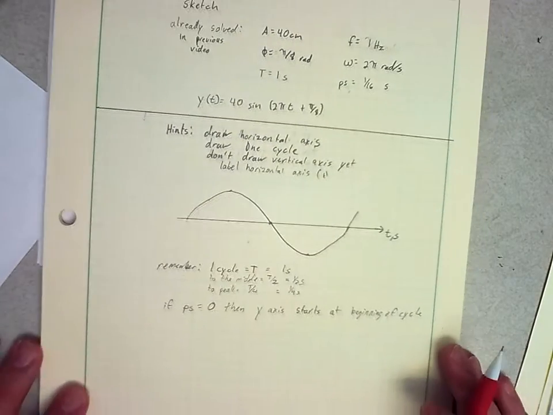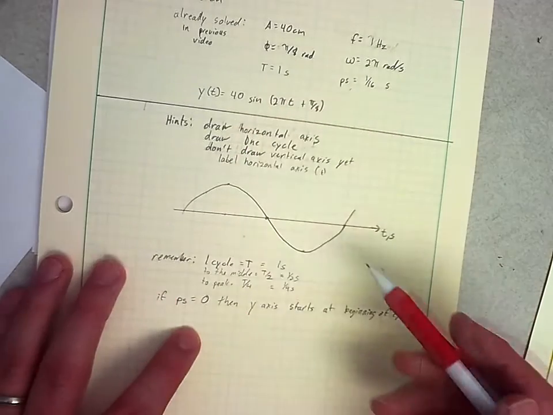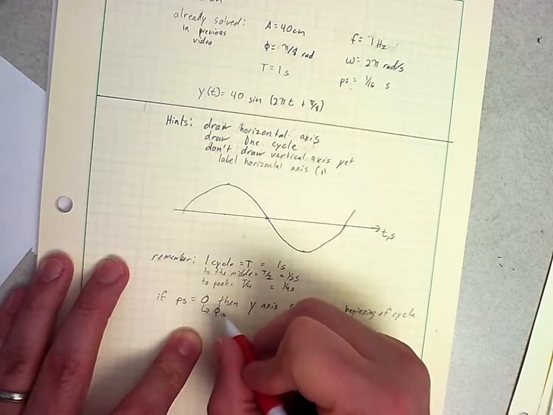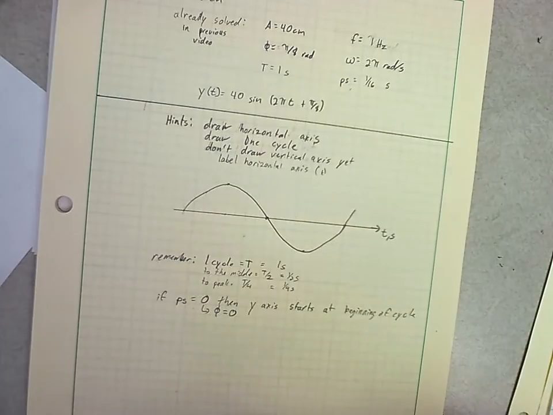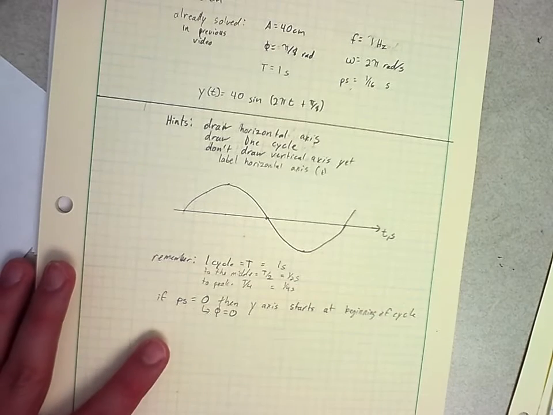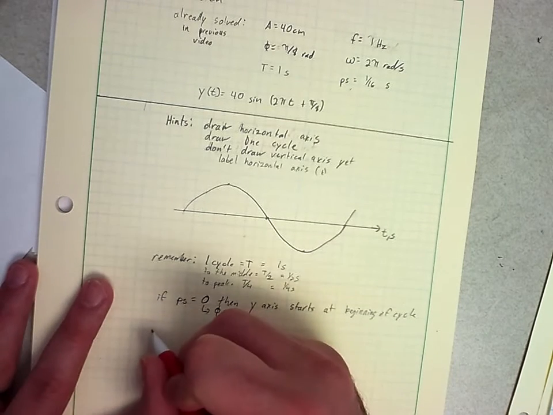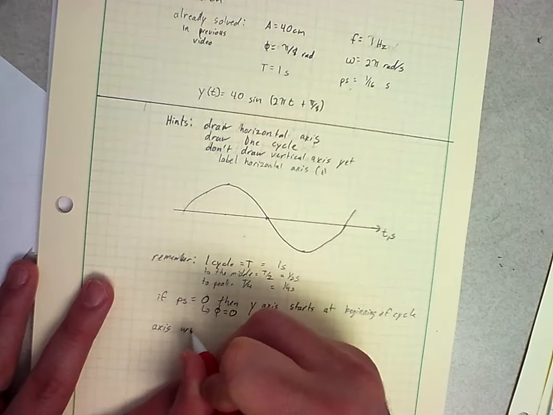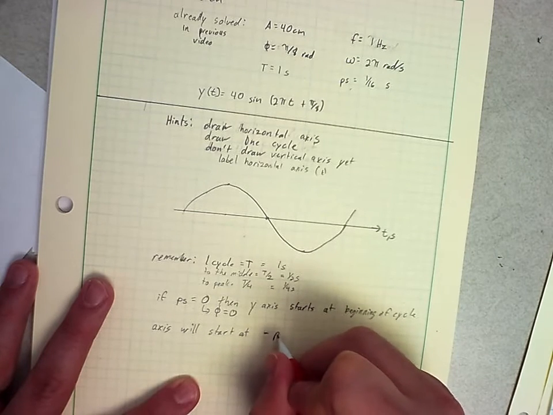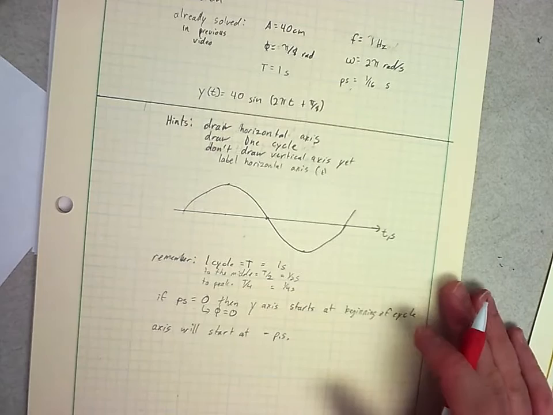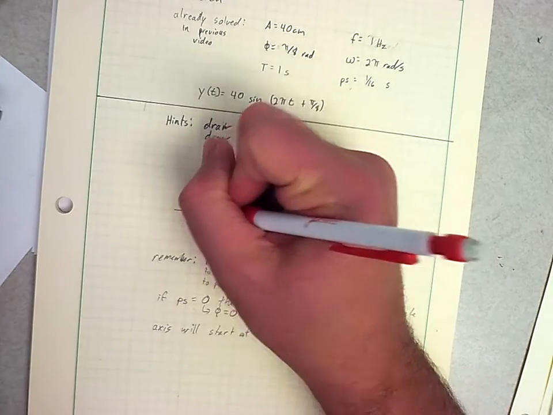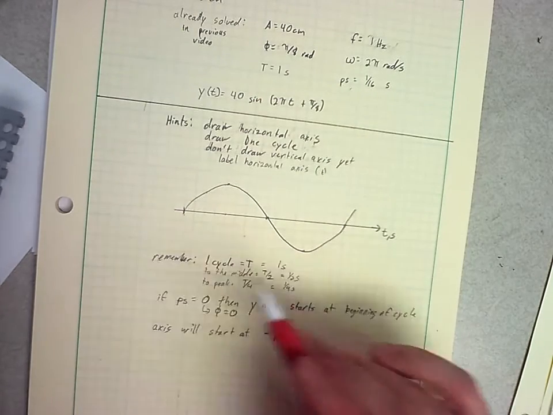In the original example, that was the case, but in this example, we do have a nonzero phase angle, so our phase shift does not equal 0. Instead, what we want to do is make sure we actually start at negative the phase shift. If it were 0, we would start it here. We want to start at negative our phase shift.